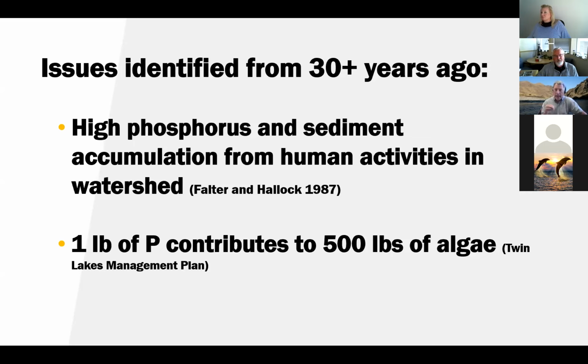So if you add just a little bit of phosphate, you can greatly increase the productivity of the system. And hence, that's the reason for the focus on the phosphate and also on the sediment, because as Kristen mentioned, the phosphate is really reactive. It doesn't want to be in the water column by itself, and it's really sticky, so it sticks to sediment, and it's very easily transported with sediment when we mobilize that across the landscape.